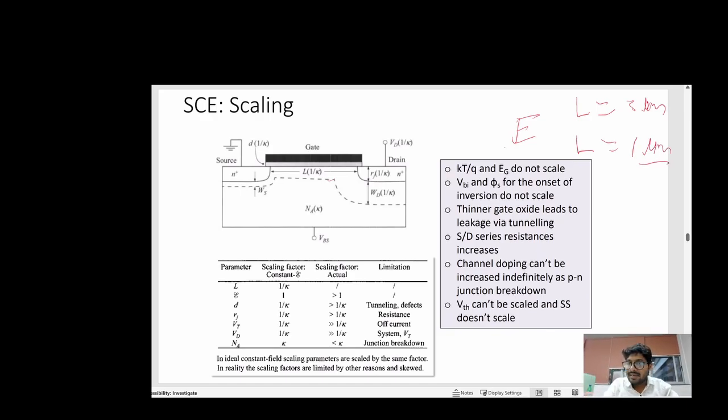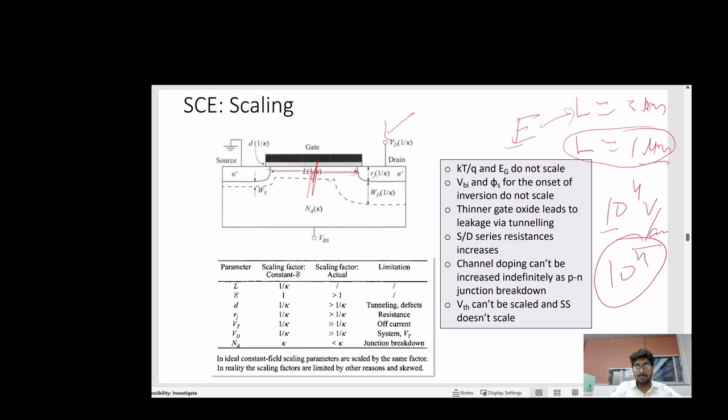The initial electric field was 10 raised to power 4 volt per centimeter. Initially. Now again, the electric field in the device, at this position in between these two, should be the same, 10 raised to power 4 only. According to that, you need to apply the voltage.